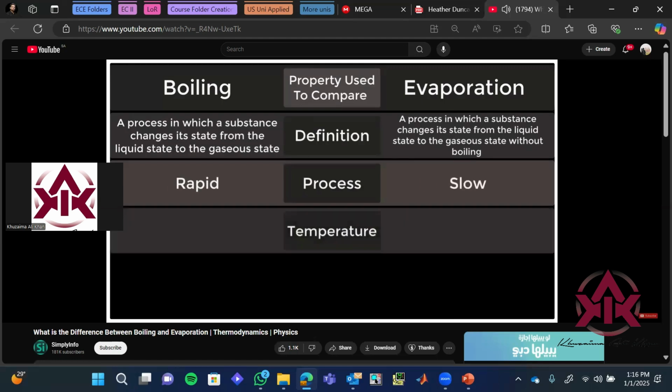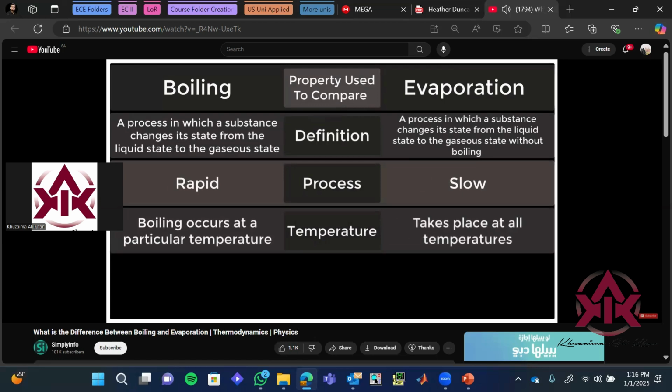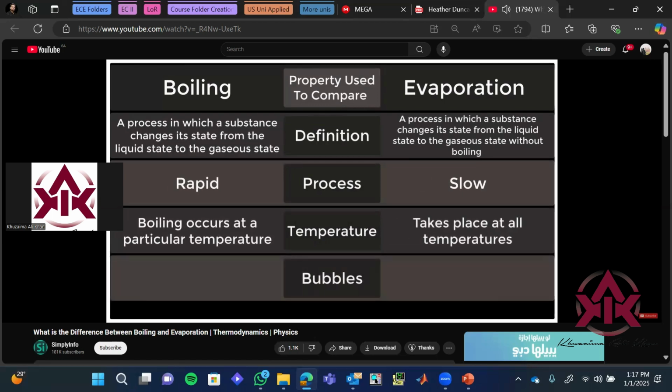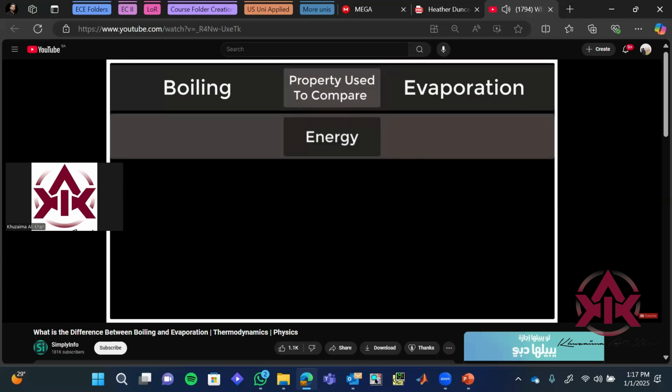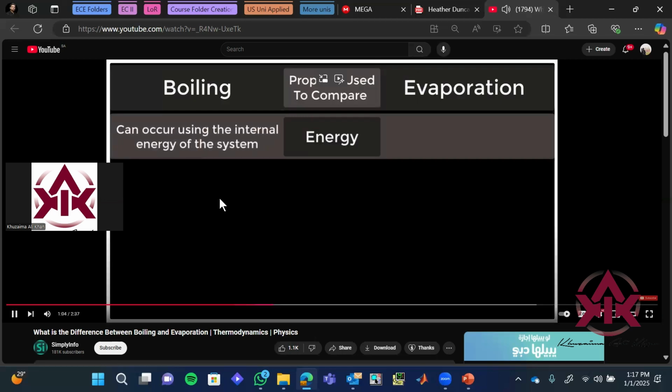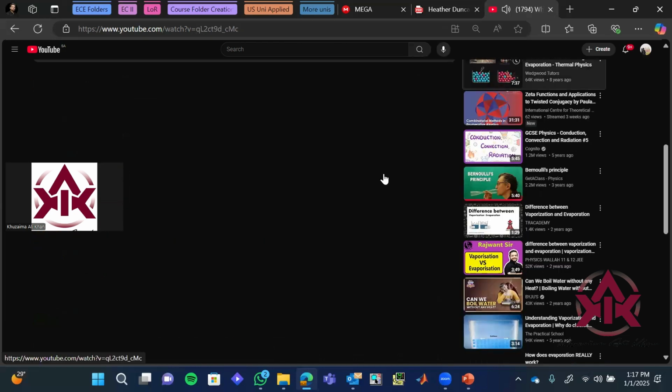Temperature: boiling occurs at a particular temperature; evaporation takes place at all temperatures. Bubbles: in boiling, it forms bubbles; in evaporation, it does not form bubbles. Energy: boiling can occur using the internal energy of the system; evaporation requires an external source of heat.